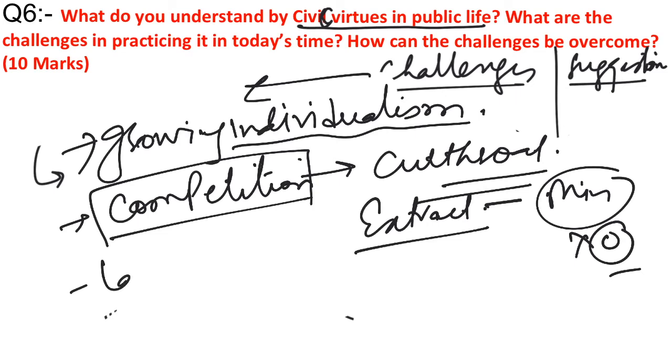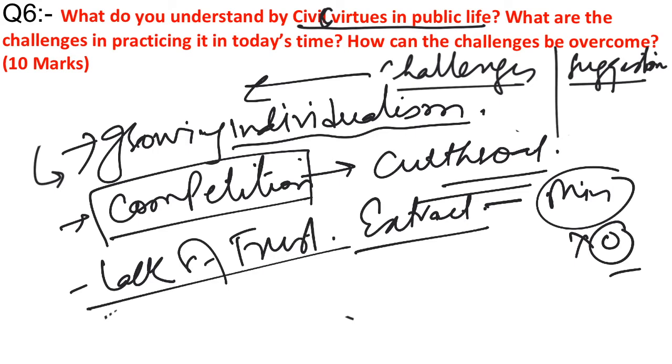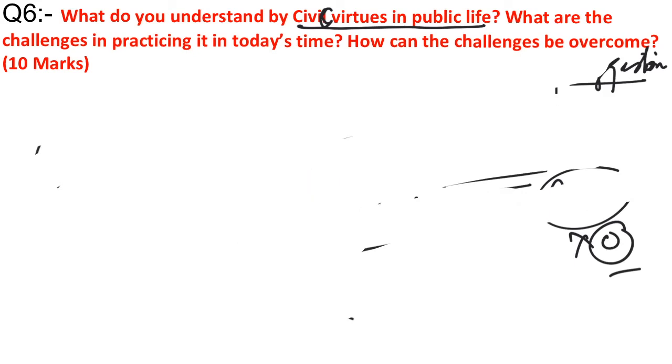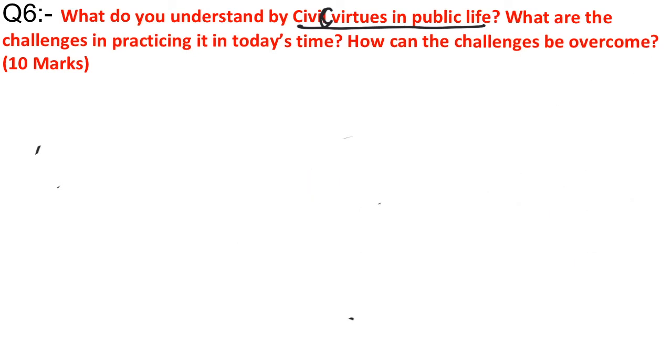Then you can talk about how all this growing individualism and competition leads to a lack of trust. And when there is a lack of trust in society, you can think about what kind of society we are building. After mentioning the challenges, the next part is about the solution and how the challenges can be overcome. So now the challenges can be overcome like this.